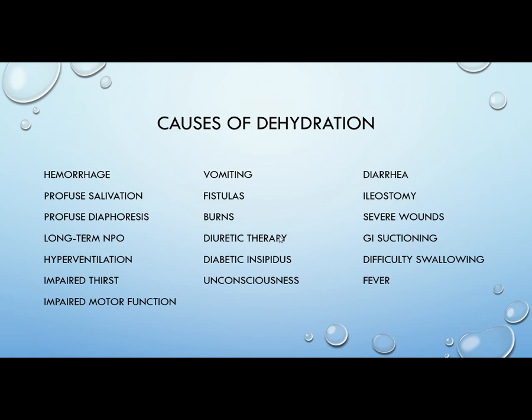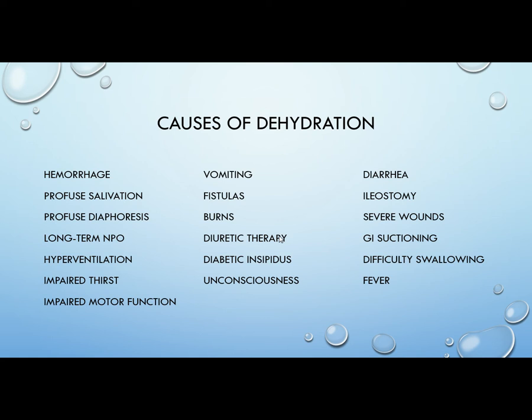Now, here are some of the causes of dehydration. Like I said, you need to know the difference between an actual and a relative. So let's see if you can figure these out by marking them with an A or an R, all right? I'm going to give you just a couple of seconds to go through here and look these over and see if you can determine if they're actual or if they're relative losses, okay?